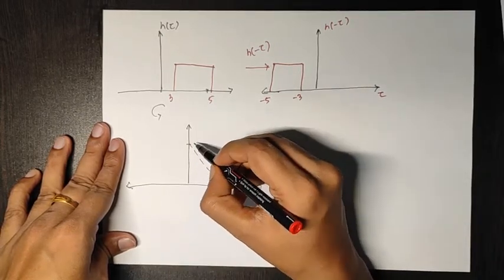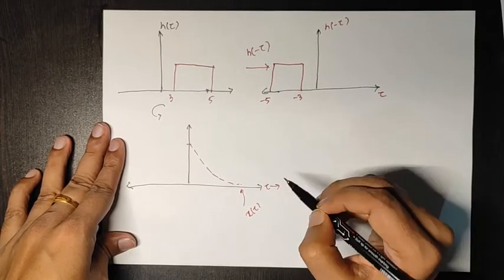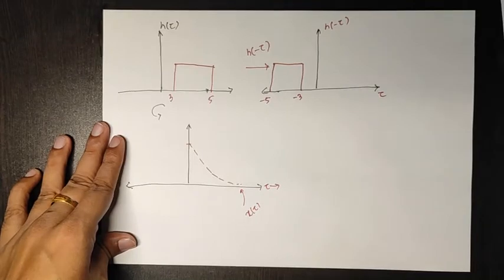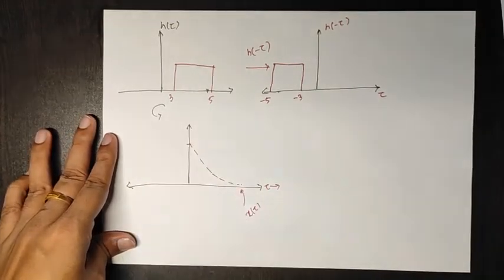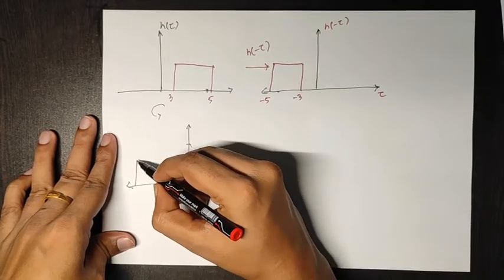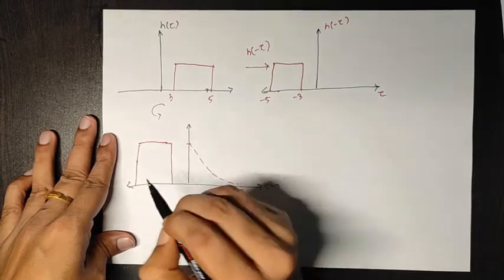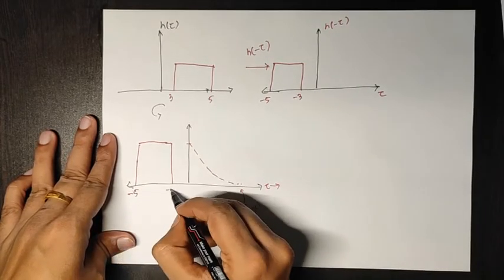This is x of tau, and roughly this is minus 5 to minus 3.